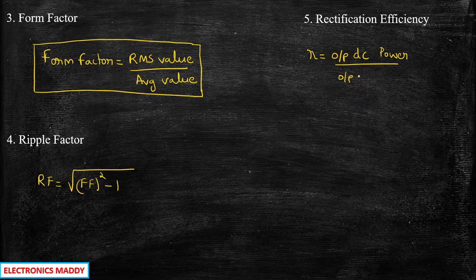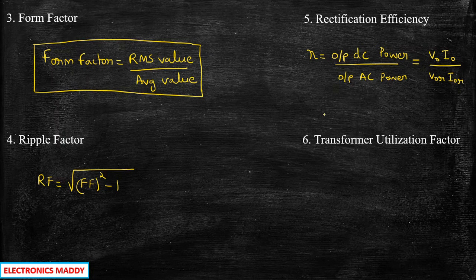So what is the power available with respect to DC at the output terminals to the AC power is basically the definition of rectification efficiency. So in general, output DC power is given as V out into I out, isn't it? Product of V into I. Similarly, output AC power is given as V out RMS into I out RMS, the RMS values of output voltage and current. I hope this point is clear.